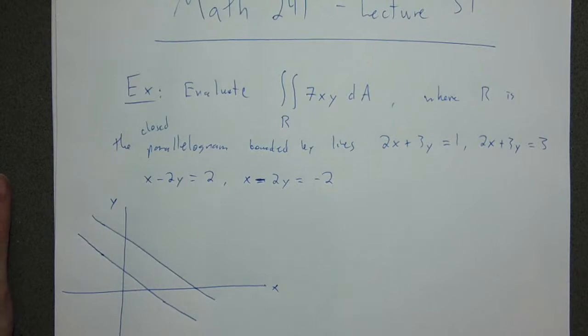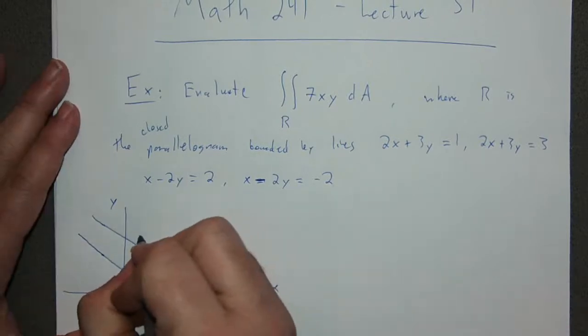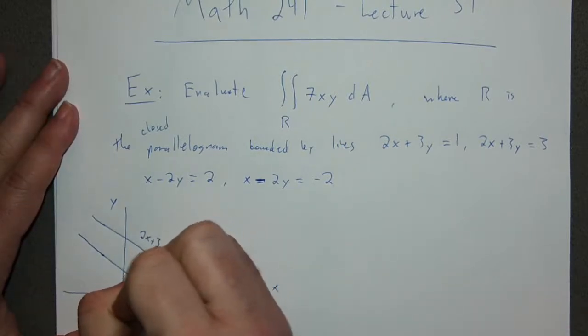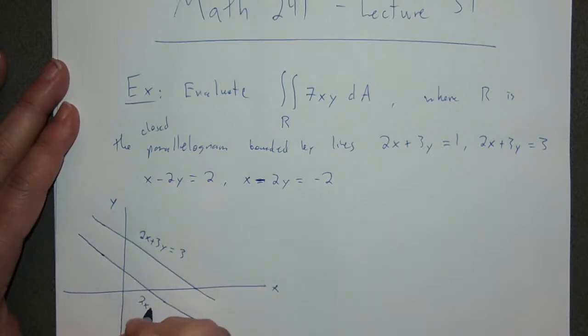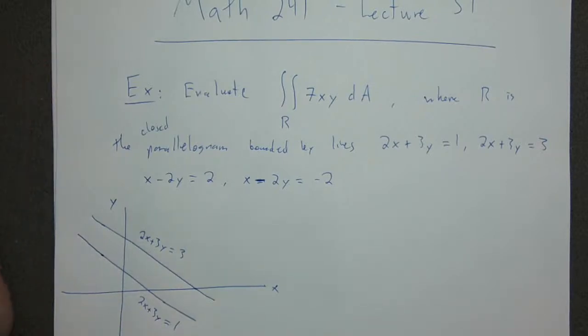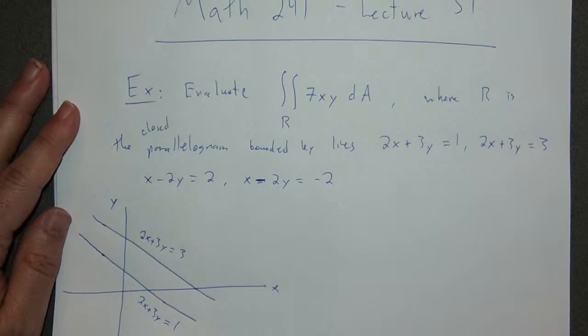This is 2x plus 3y is equal to 3, and this is 2x plus 3y is equal to 1. The other two lines, x minus 2y is equal to 2 and x minus 2y is equal to minus 2, look like this.